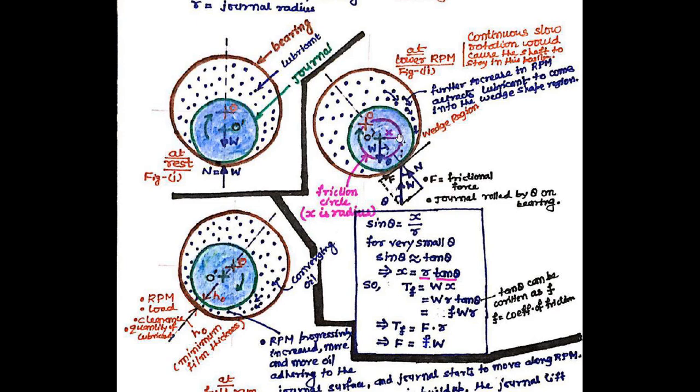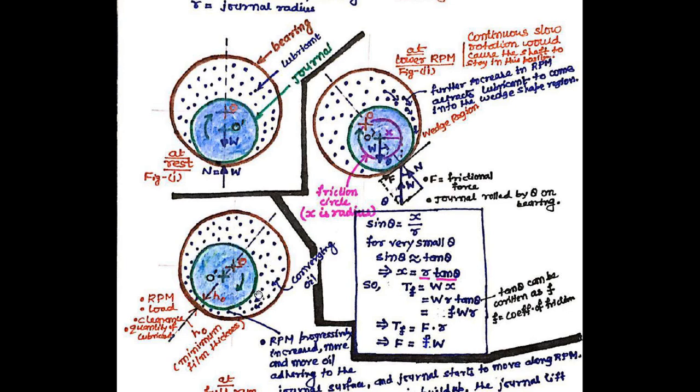With increase of the speed of the journal, the lubricant totally comes into this region and starts to lift the journal. After lifting the journal, it starts to float and comes to that position.